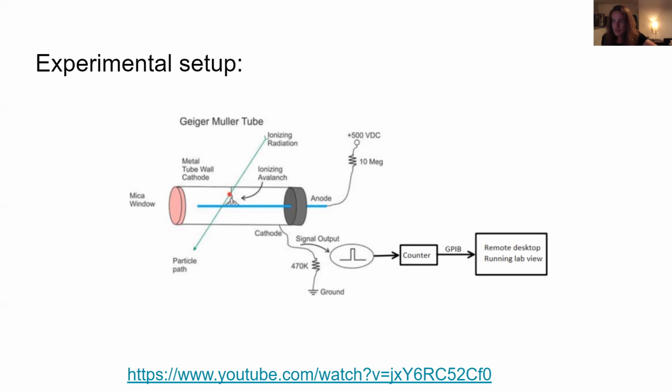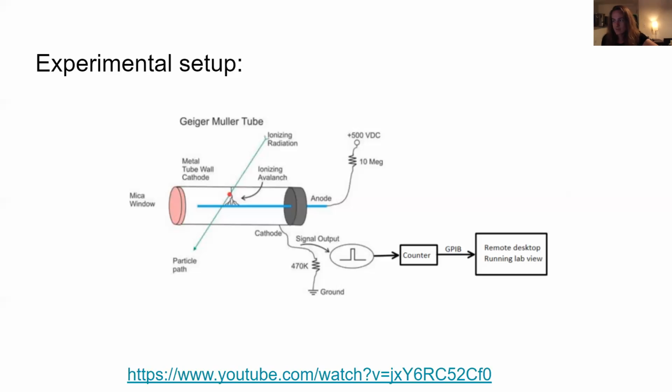But nonetheless, inside the middle of this tube, we have an anode. And this is brought up to a very high voltage, roughly around 500 volts, sometimes even higher. There's a resistor in line here so that there's virtually no current flowing through this. This is just at some very high potential. Now, on the outside of this metal wall, we have the cathode, which is connected to ground.